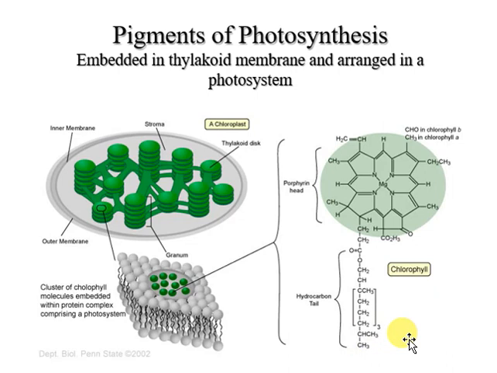That tail will interact with the hydrophobic parts of proteins that are inside thylakoid membranes. Now your pigments, they will be arranged in what's called a photosystem, which is essentially a collection of pigment molecules that are embedded in a protein.